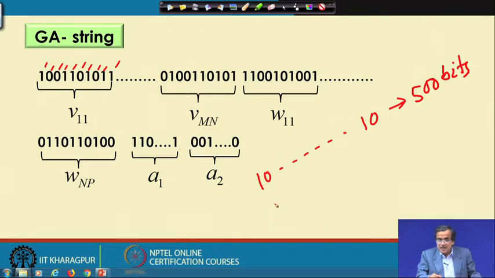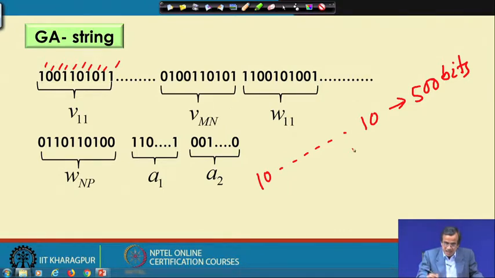Once again, if I keep the topology as one of the decision variables, then the number of hidden layers is also going to vary. That means the number of neurons is going to vary, and the number of connecting weights is going to vary.